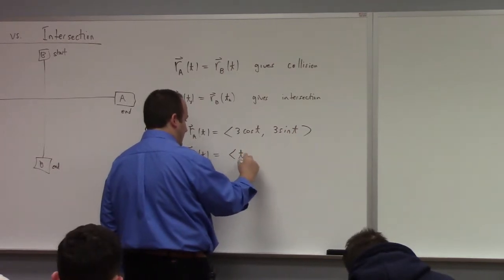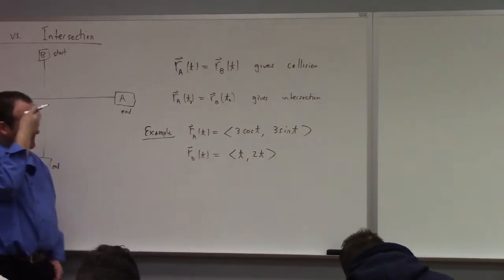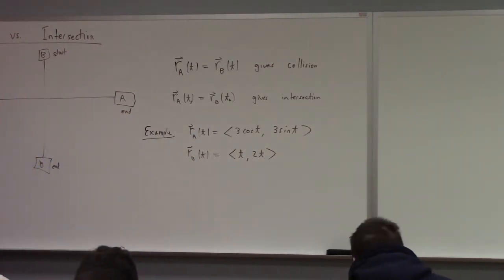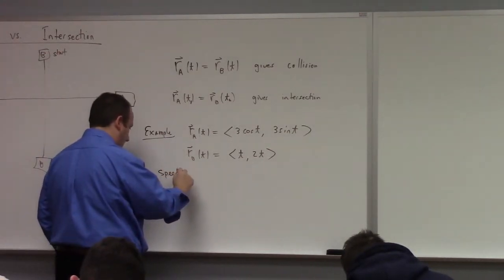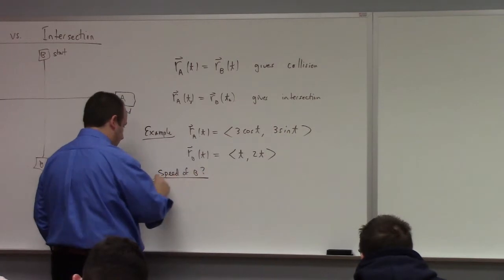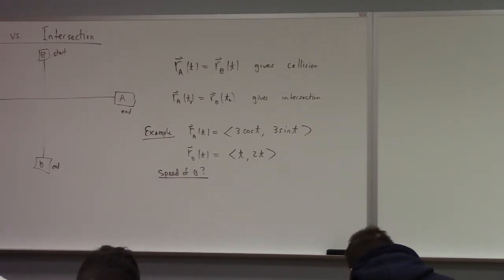And let's do it like this. So what's the speed of car B, by the way? Just a random question, throwing it in there. How would you figure out the speed of B?